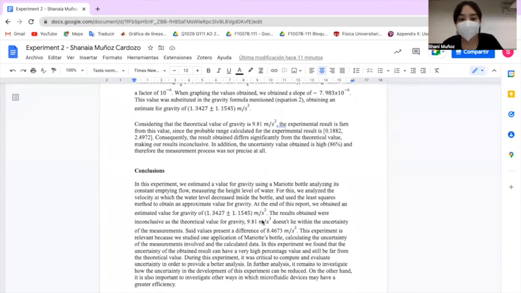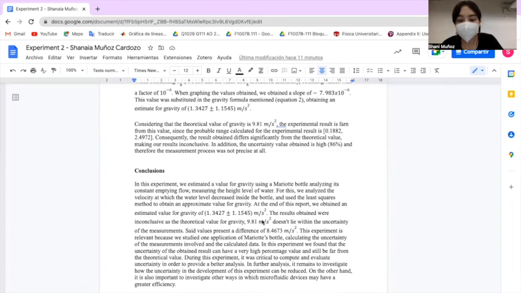Considering that the theoretical value of gravity is 9.81 meters per second squared, the experimental result is far from this value, since the probable range calculated for the experiment result is from 0.1882 to 2.4972.